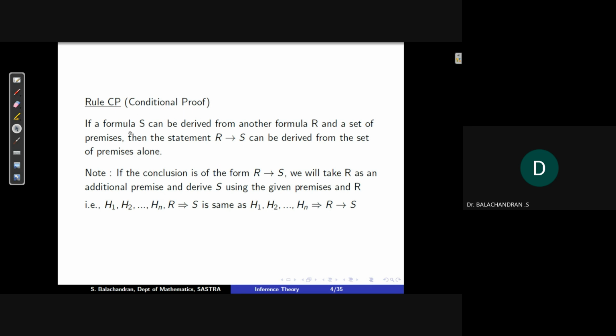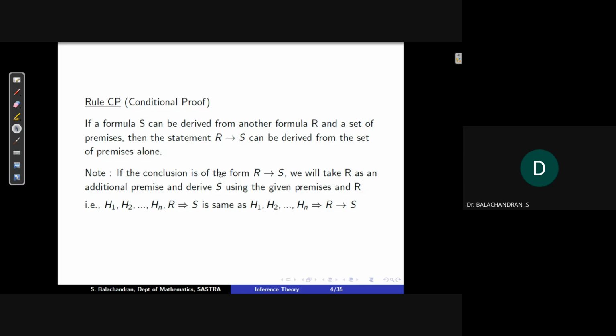If a formula S can be derived from another formula R and a set of premises, then the statement R implies S can be derived from the set of premises alone. So this is rule CP.